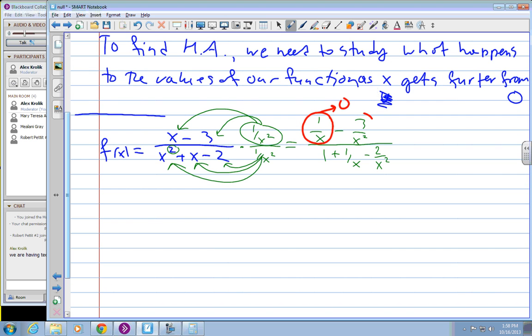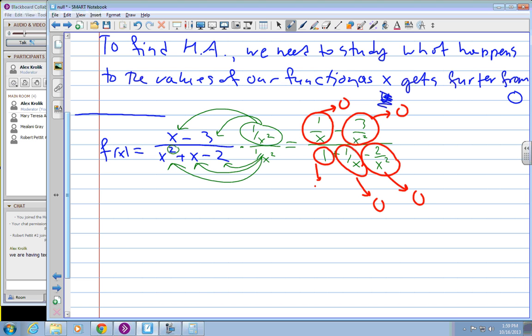How about this expression, 3 over x squared? Where is that going to get close to? 0. How about this one, 2 over x squared? 0. How about this one? 0. How about this one?